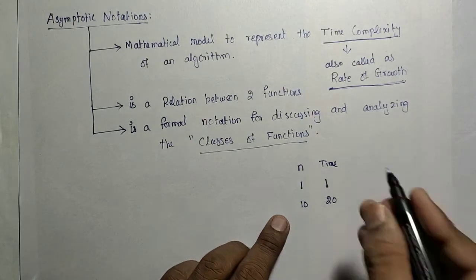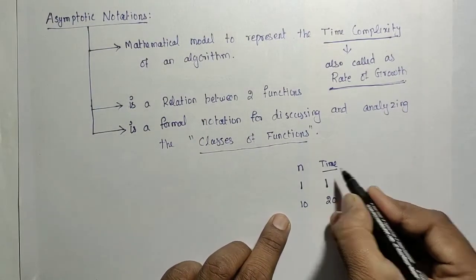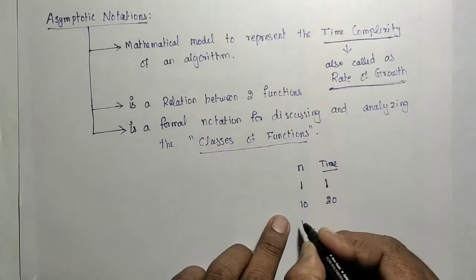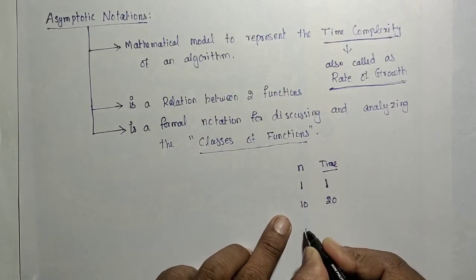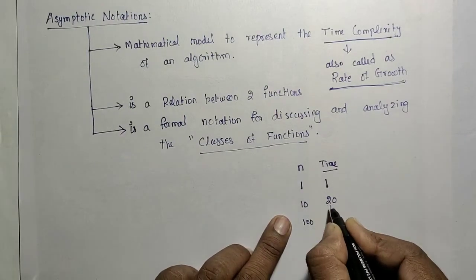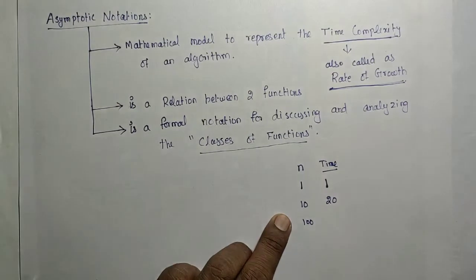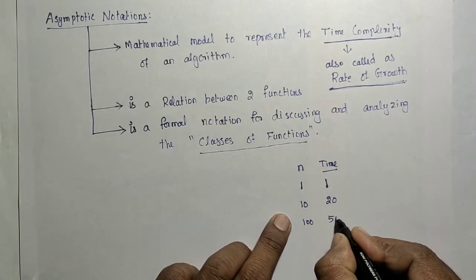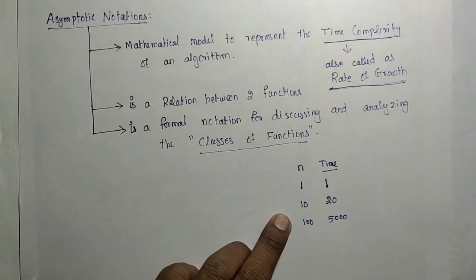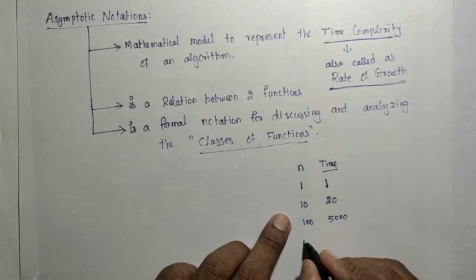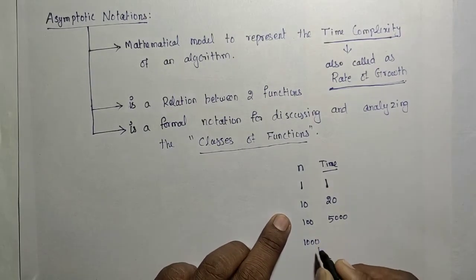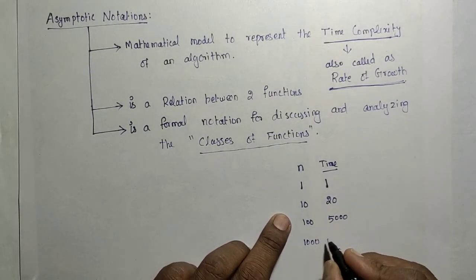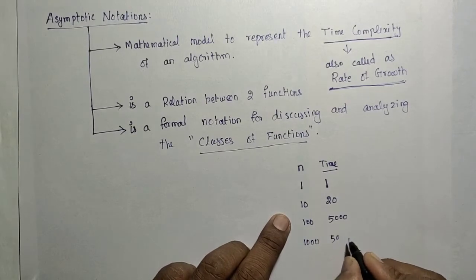Assume some algorithm is designed like this. Similarly, if you increase 10 to 100, your execution time suddenly increases to 5000. And if you increase to 1000, it increases to 50k, like this.